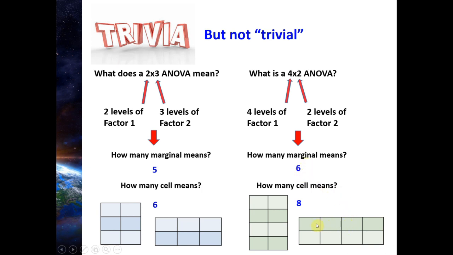How many cell means? Well, remember, cells are the treatment combinations, and we have 8. How do we find that? Like as a shortcut? Just multiply. All right, so if you have 4 columns times 2 rows, that will give you 8 cells. Okay? All right, so again, ANOVA trivia that is not trivial.